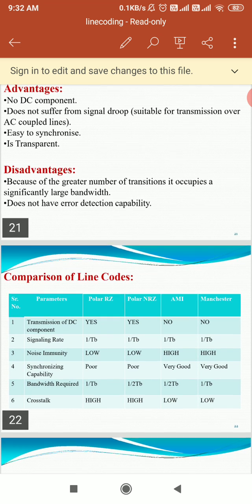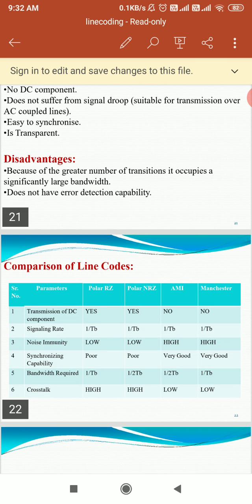Now we can compare these. You can observe the box where I have given the comparisons of polar return to 0, polar non-return to 0, bipolar and Manchester. Looking at the differences, there is transmission of a DC component in polar return to 0 and polar non-return to 0.